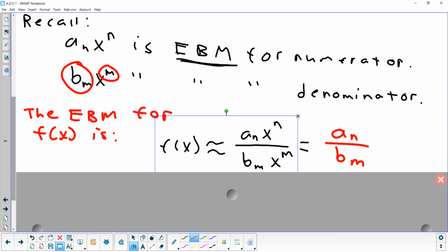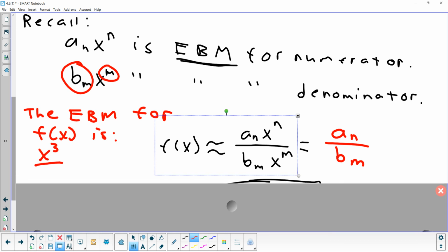Remember? How about Jack? Do you remember what you do when you divide variables with the same base? Like x cubed divided by x would just be x squared. Right. And so how did you get x squared? 3 minus 1 is 2. Yeah.